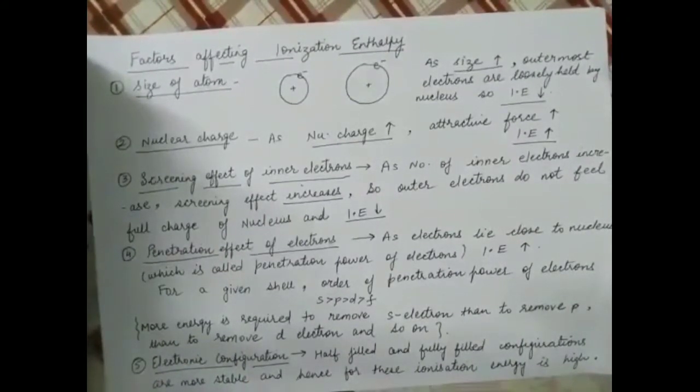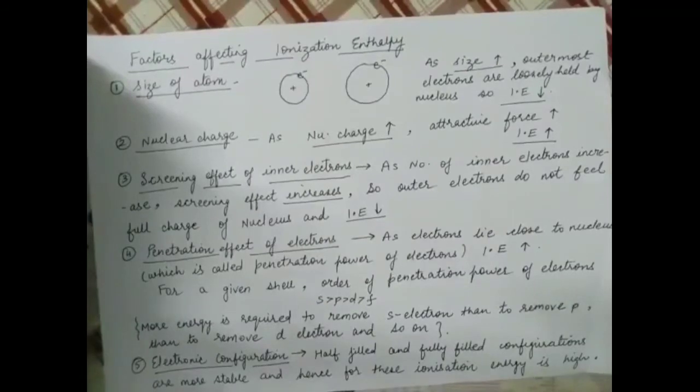Since s electrons are closer to the nucleus, they will experience more nuclear attraction as compared to the p orbital of the same shell. Because the shell should be the same. For example, we can compare 2s and 2p together. We can compare 3s, 3p and 3d together. So out of 2s and 2p, which is closer to the nucleus? 2s.